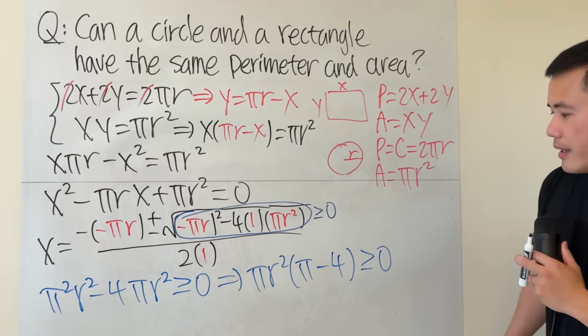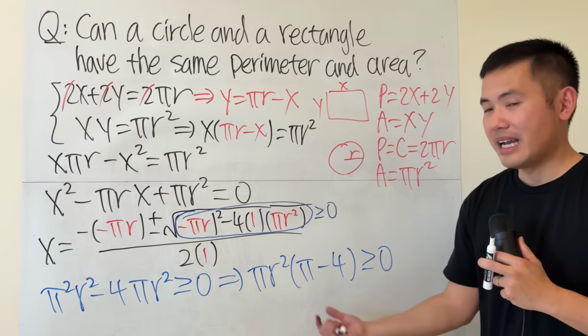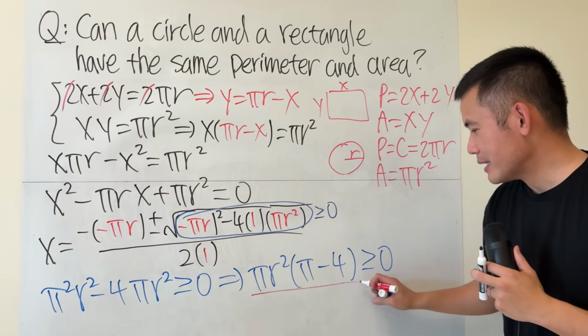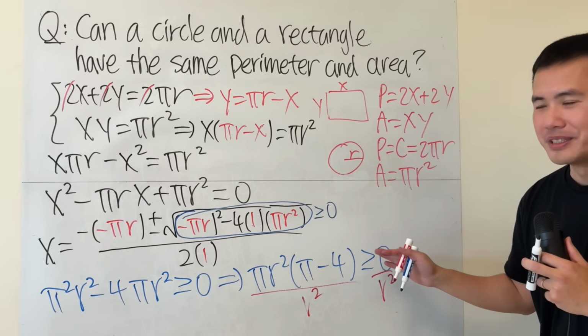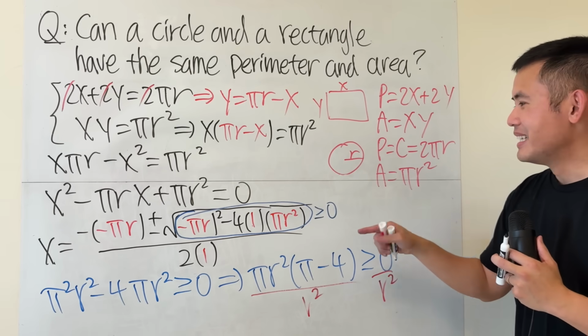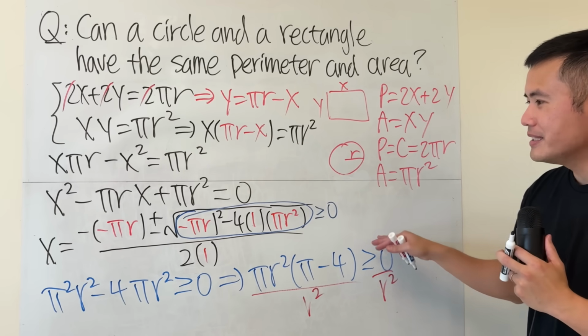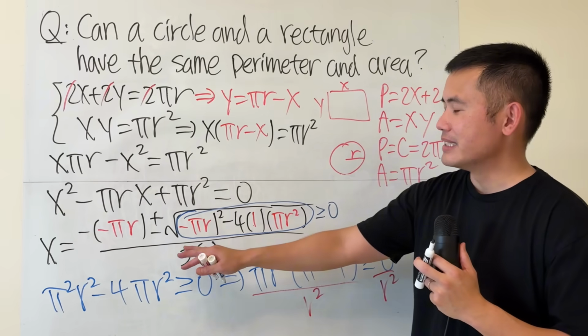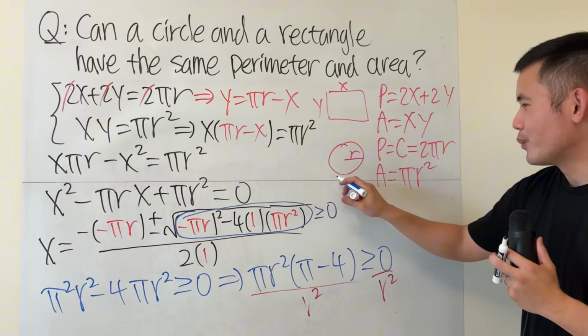Now here's the deal. R squared is multiplied with this and that, right? In fact, I can divide both sides by r squared. Because imagine if r is equal to 0, then we don't have a circle, we have a point. That is not what we are looking for. Moreover, if r is equal to 0, then you can go back and say x is 0 and y is also 0, which is not what we are talking about.